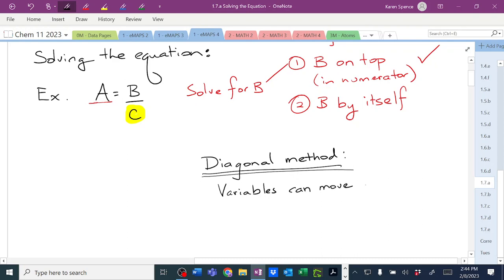Variables can move to the other side of the equal sign only diagonally.